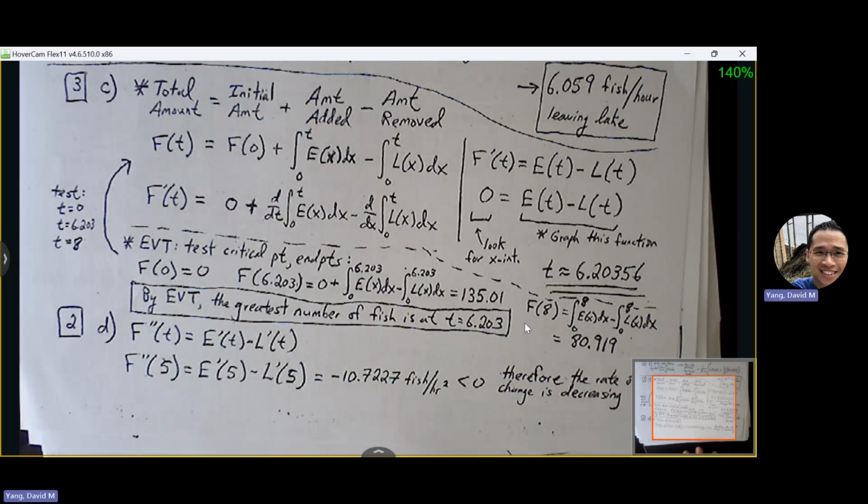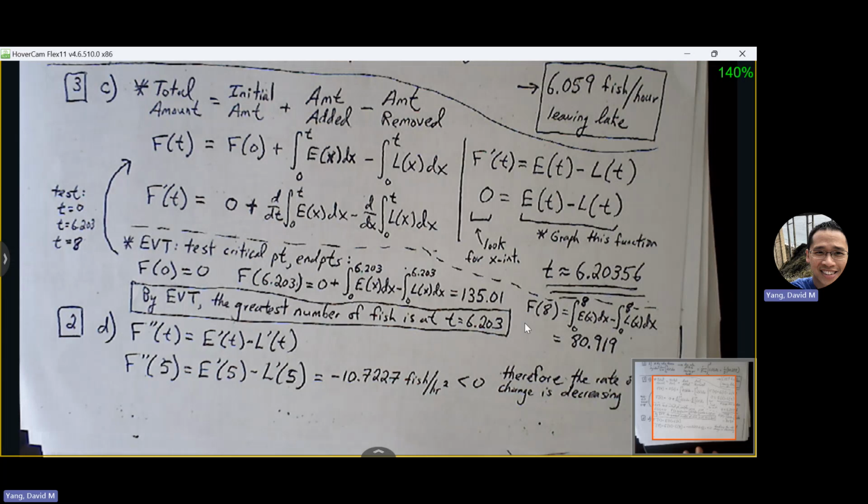So I'm testing f of 0, I'm testing 6.2, and I'm also testing t equals 8. And each of them will go back into my f of t equation. And I'm just churning them out, math 9, making the calculator find those values for me.